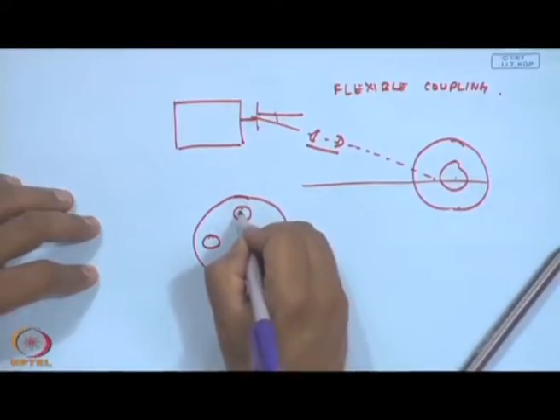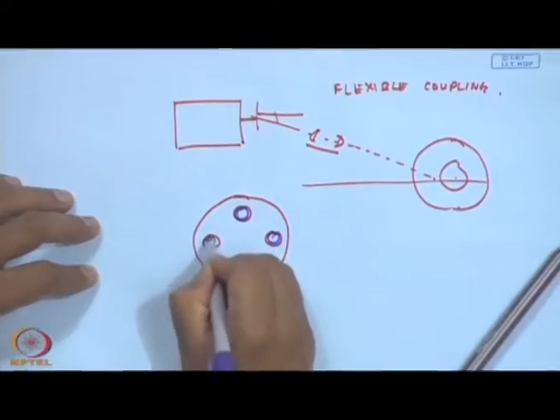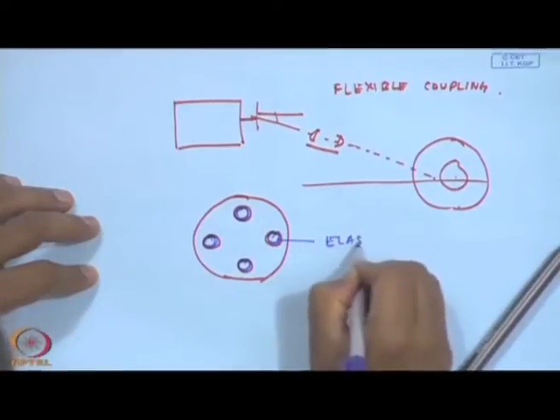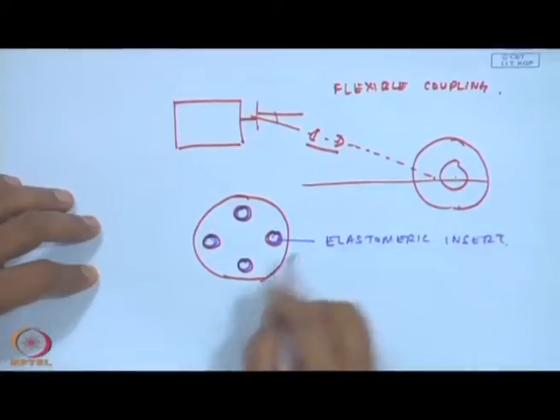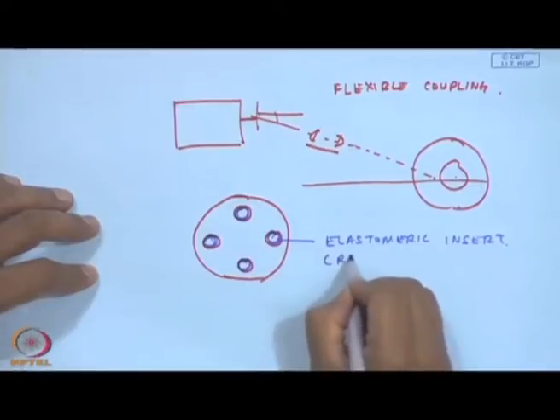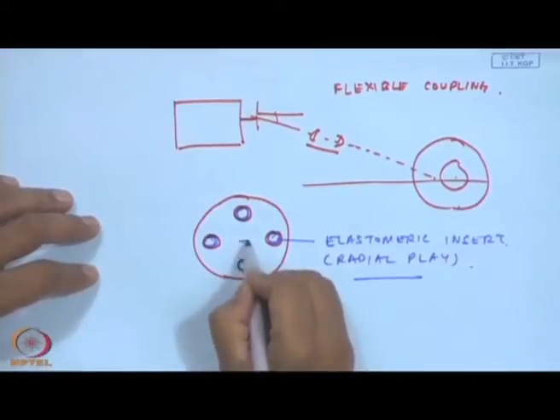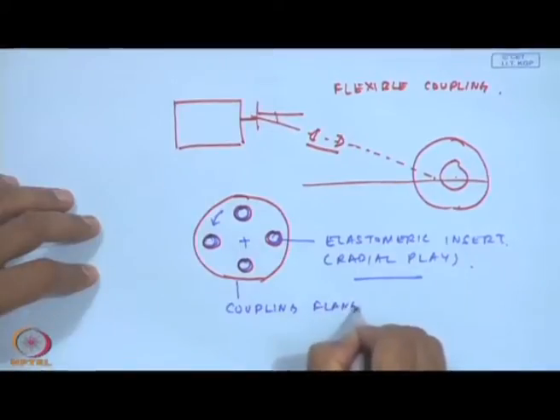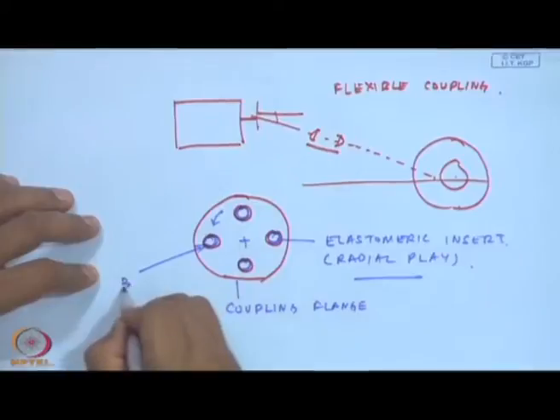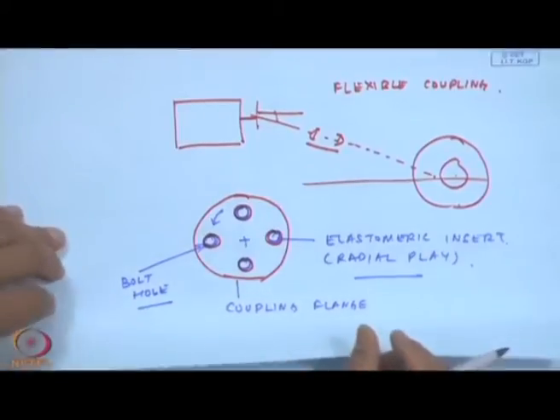In every bolt, there will be provision to have an elastomeric insert, okay, which can take a little bit of radial play and reduce the amount of misalignment. These are kept in the machines to take care of that.